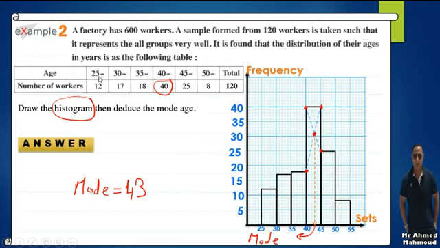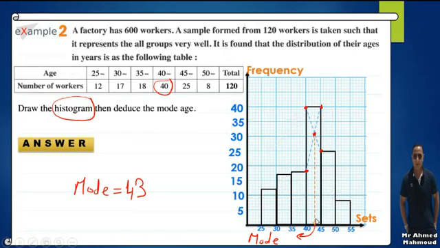How? Draw the sets down, and draw the distribution up here, and then draw the histogram columns like this, from 25 up to 12, 30 up to 17, and so on.